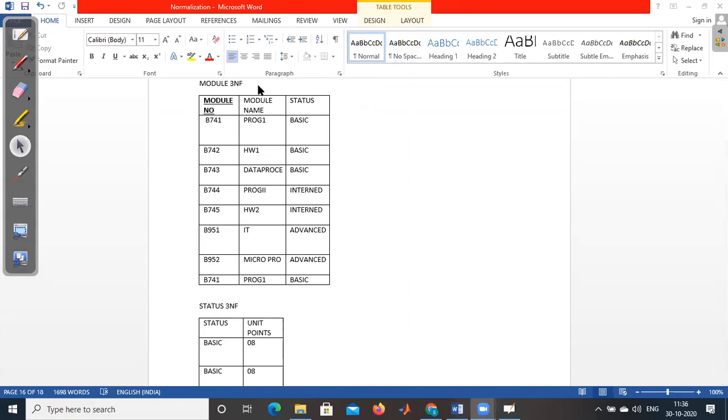So now the table which was in the second normal form, and not in the third normal form, we have converted into third normal form.